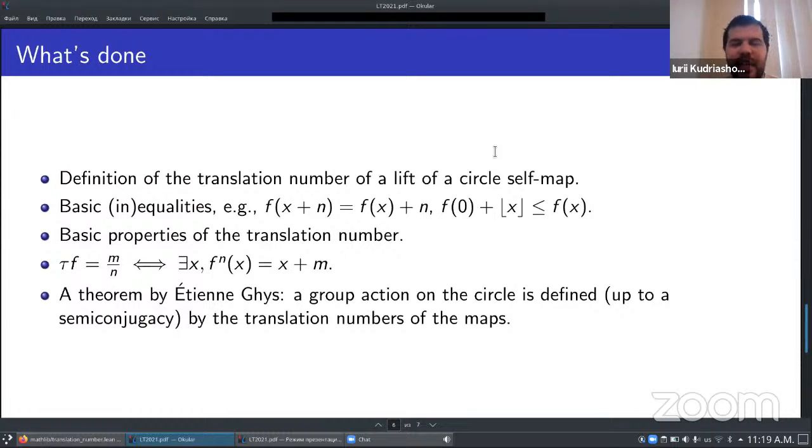But since I state it for lifts to the real line, it's not a periodic point, but f^n of x equals x plus m. If you go back to the circle, then it will become f^n of x equals x, of course, because plus m does not change the equivalence class.